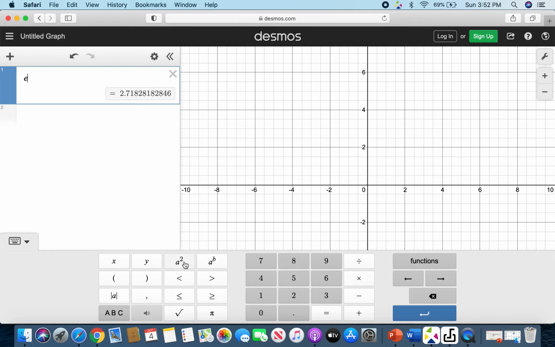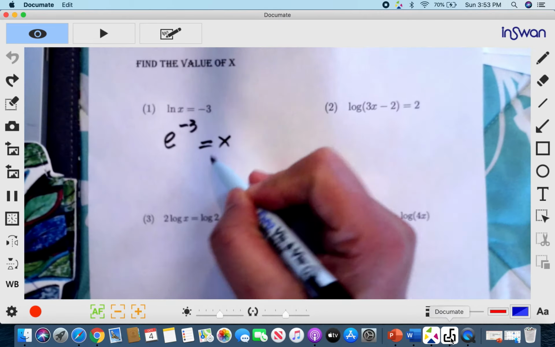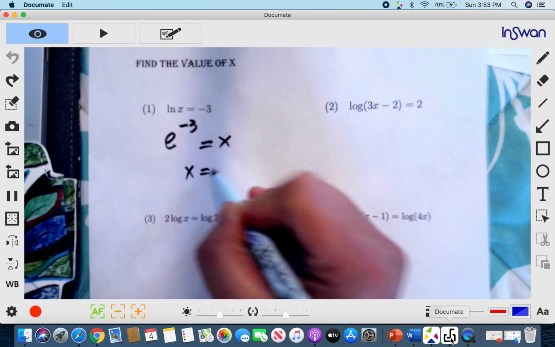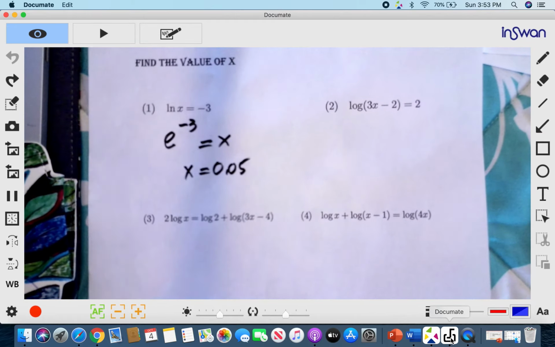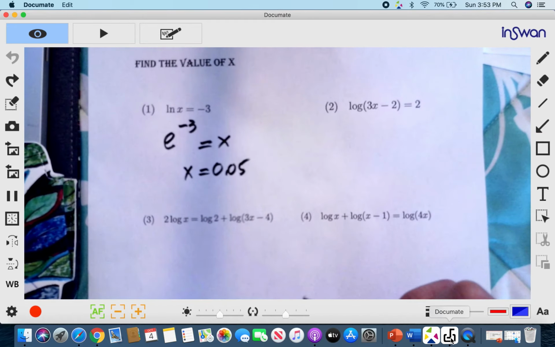So raise it to -3. And this is equivalent to approximately 0.045. So that would be x equals 0.05. And that's the approximation for the value of your x here.